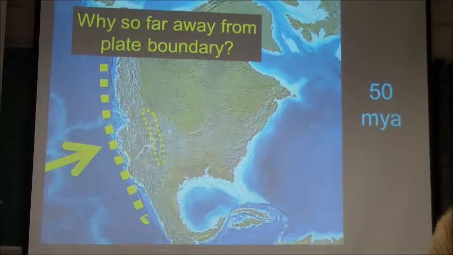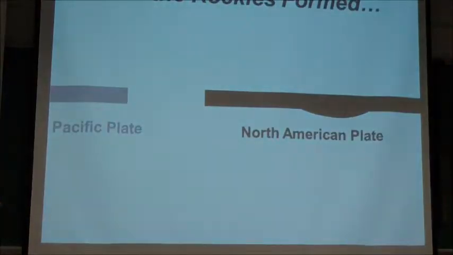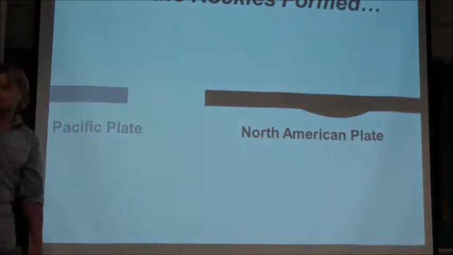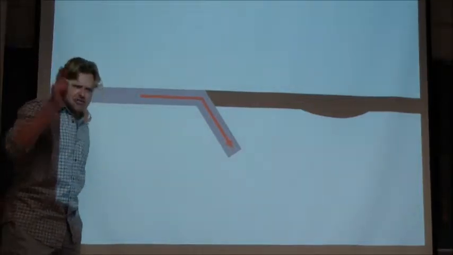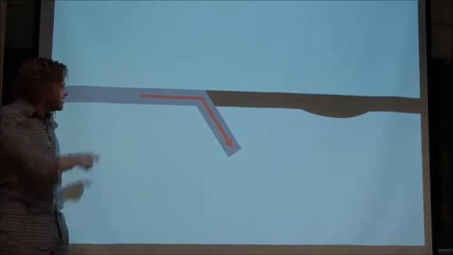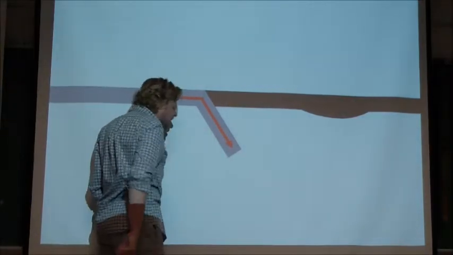And I know you don't know, that's fine. Here's how it's happening. The Pacific Plate is colliding with the North American Plate, and once again, a very complex animation to help describe how this occurs. This is what it's supposed to do. This is what they teach you in geology books as far as what happens when one plate collides with another plate, particularly an ocean plate colliding with a continental plate.